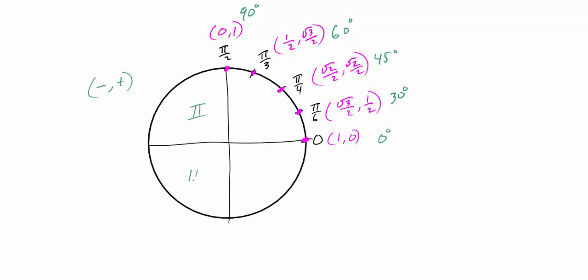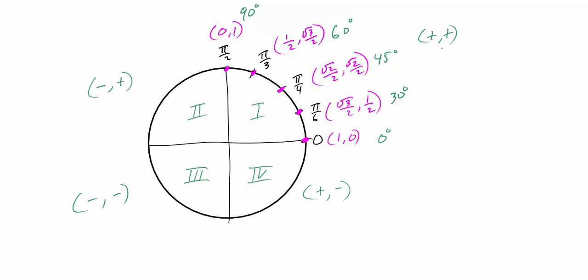And if we are in the third quadrant, both signs would have to be negative. And when you're in the fourth quadrant, you would have a positive x and a negative y. And of course, in the first quadrant, both your x and y are positive.